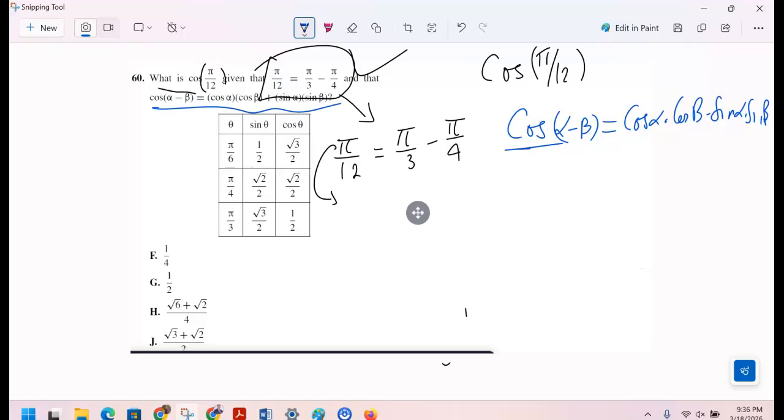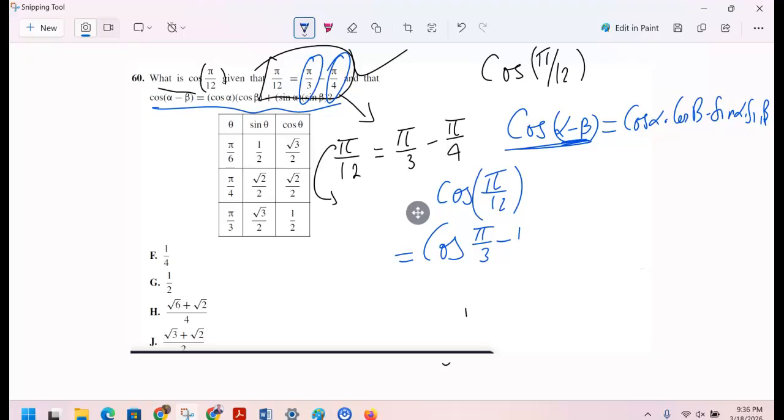If I want to find this alpha minus beta, this is alpha and this is beta, because cosine pi by 12 is the same as cosine of pi by 3 minus pi by 4. So we can write this as cosine, cosine, and then sine and sine.